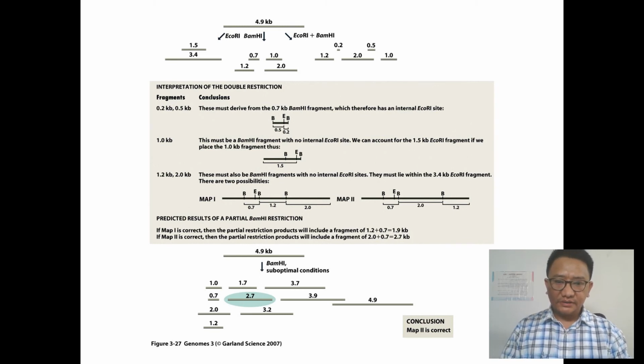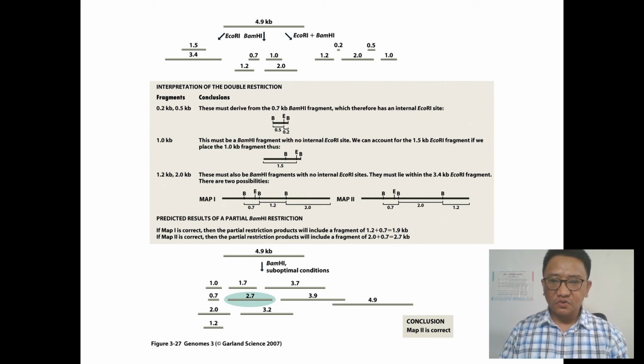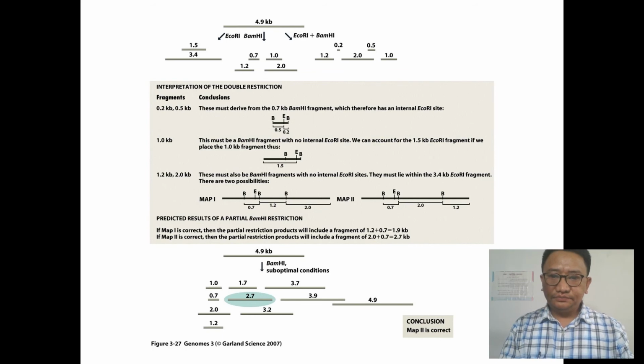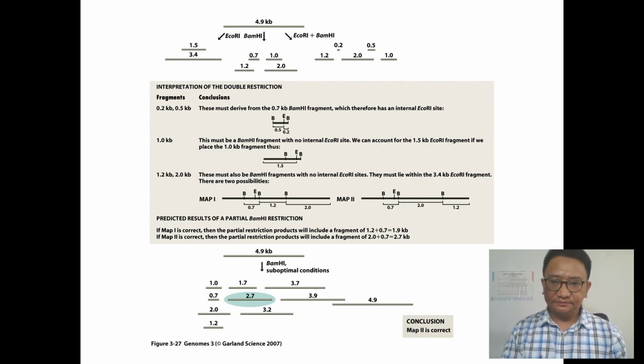Now we can account for the 1.5 kb EcoR1 fragment. We can look at the EcoR1 digestion where two fragments were produced, 1.5 kb and 3.4 kb. So now we can construct a map of this 1.5 kb EcoR1 fragment, which we can see in the slide also. We have already accounted for 0.5 and 0.2, the 0.7 BamH1 fragment.